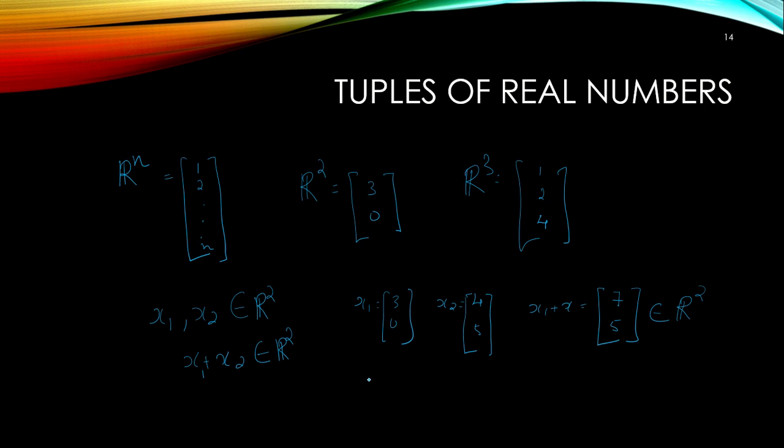If I multiply x1 with the scalar value 3, the output will be (9, 0). This also belongs to R2. So addition as well as scaling are satisfied in the case of tuples of real numbers, so I can say this is a vector. Tuples of real numbers are vectors.